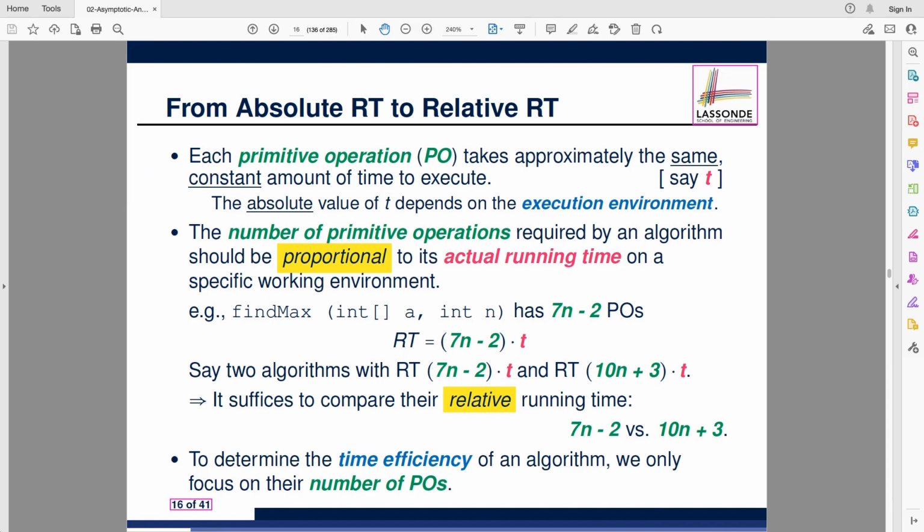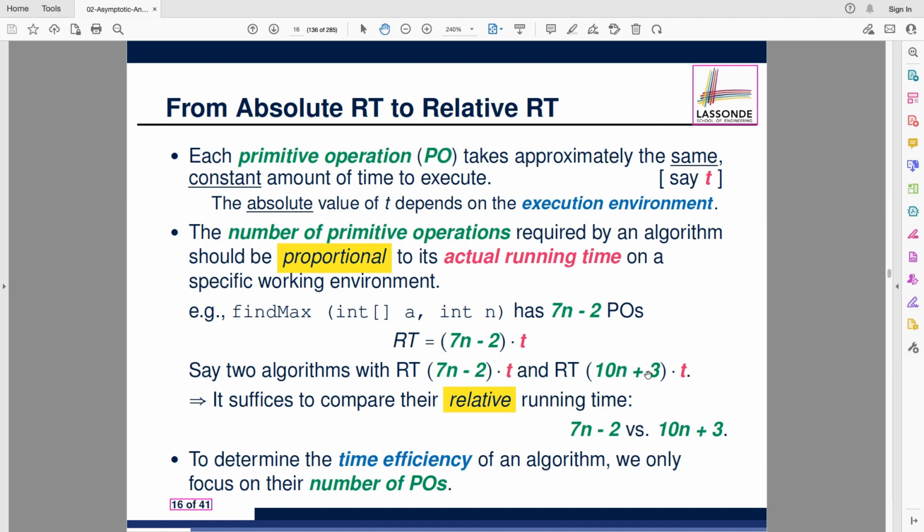The idea is going from absolute running time to relative running time. We talked about this little t over here. That's the absolute time it takes a primitive operation to execute on any platform. The t may vary from platform to platform, and we want to ignore the t when we talk about two different algorithms. You can see the green ones, 7n minus 2 versus 10n plus 3.